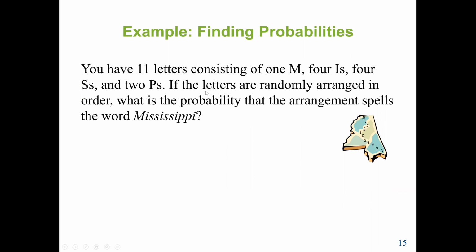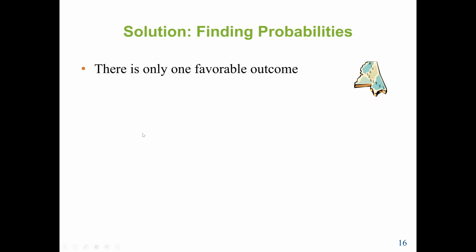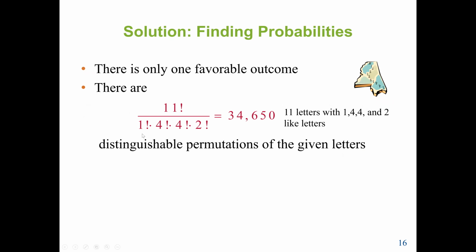Again, when we look at the question, they didn't tell us to use permutation or combination. But they say the letters are randomly arranged in order, so this has to be permutation. So the first thing we look for is that there is only one favorable outcome, and we have 11 possible letters.